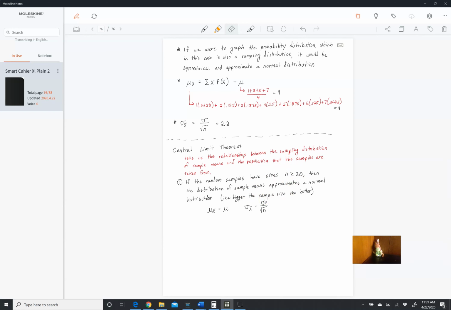Now in the next one, I'm going to actually add in here because this is kind of a big thing. Even if the original data is not normally distributed.